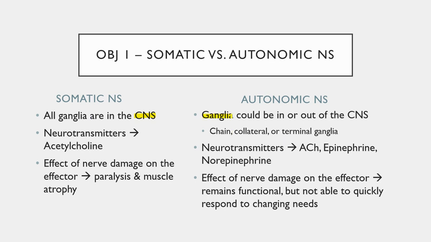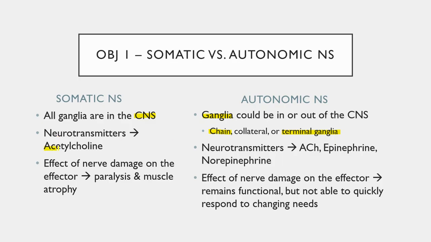Whereas in the autonomic, like we saw, we could have some that are outside. Now, as we go through our lesson, we're going to talk about chain ganglia, and we're going to talk about terminal ganglia. There's also another type called collateral, which is in front of the vertebral column. But we will see these popping up again, so just know that there's different types.